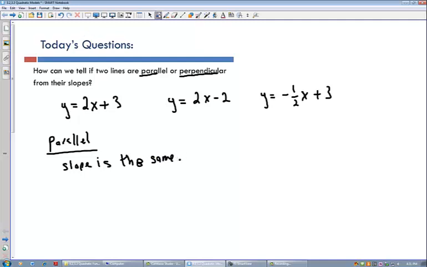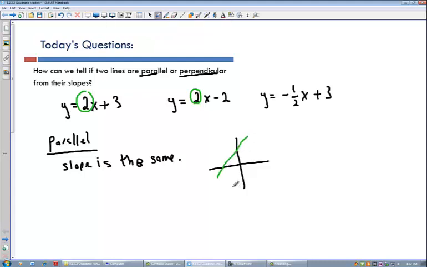Up above, these two lines have the same slope, so they're parallel to each other. Whereas this line has a slope of negative 1/2, so it's not parallel to that line or that line. You can see this from the picture. If you draw an x-axis and a y-axis, it's pretty obvious that if you have two lines that are parallel, they will have the same slope.